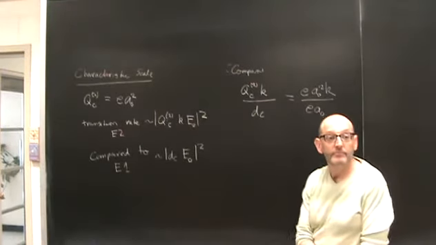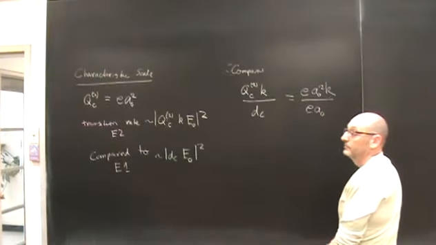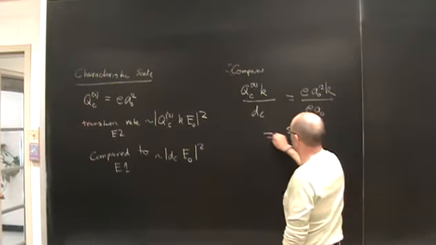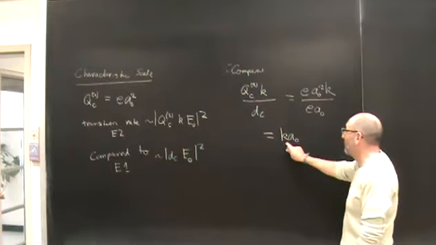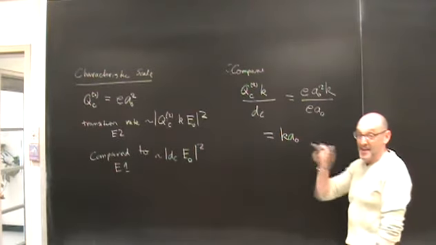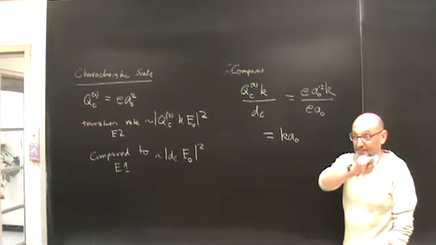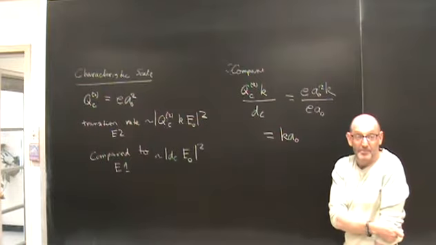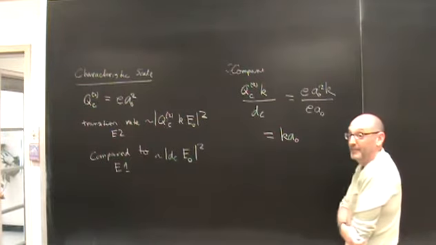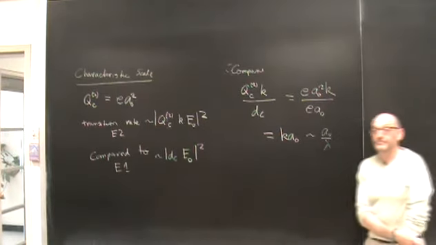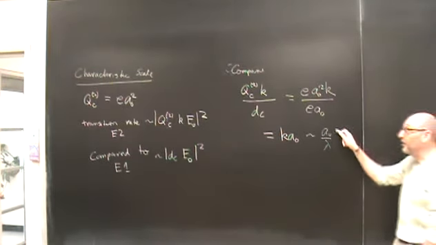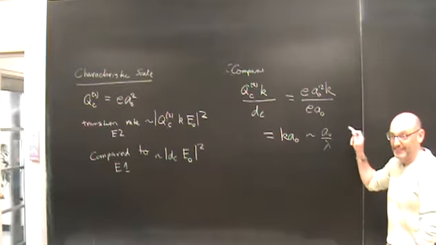All right? So this ratio is k a naught. But that was the small parameter in my multipole expansion, right? This is a naught over lambda. So that's fine. But it's only the first power of that, right?